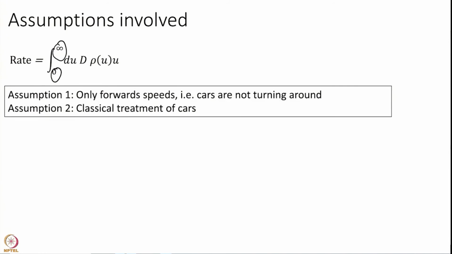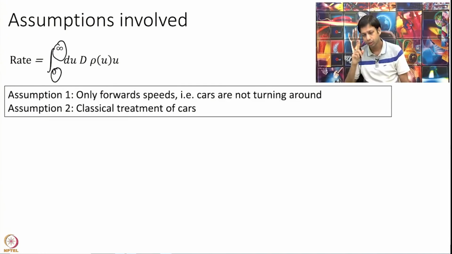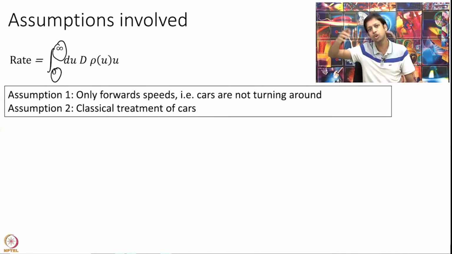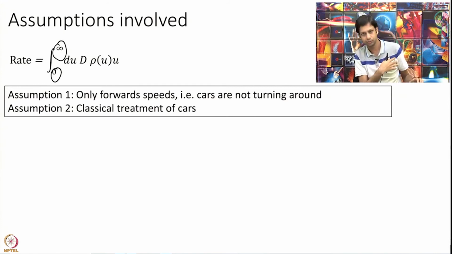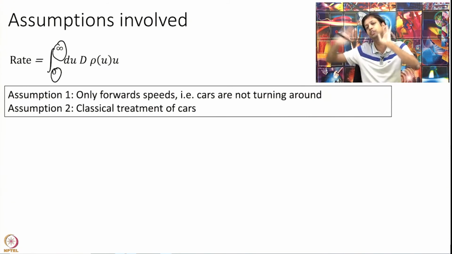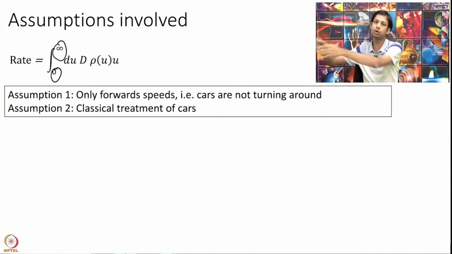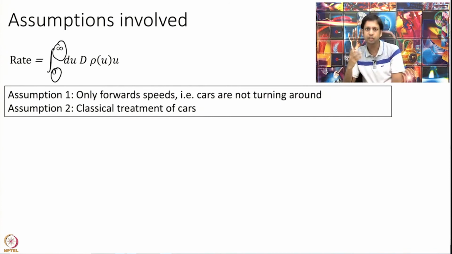In writing this expression, we have made two important assumptions. One is only forward speeds, that is, these cars are not later turning around and coming back, otherwise your forward rate decreases. So, we are assuming all the cars, once they go through this goal post, keep on going forward. And the second is, importantly, we are treating cars classically, obviously.